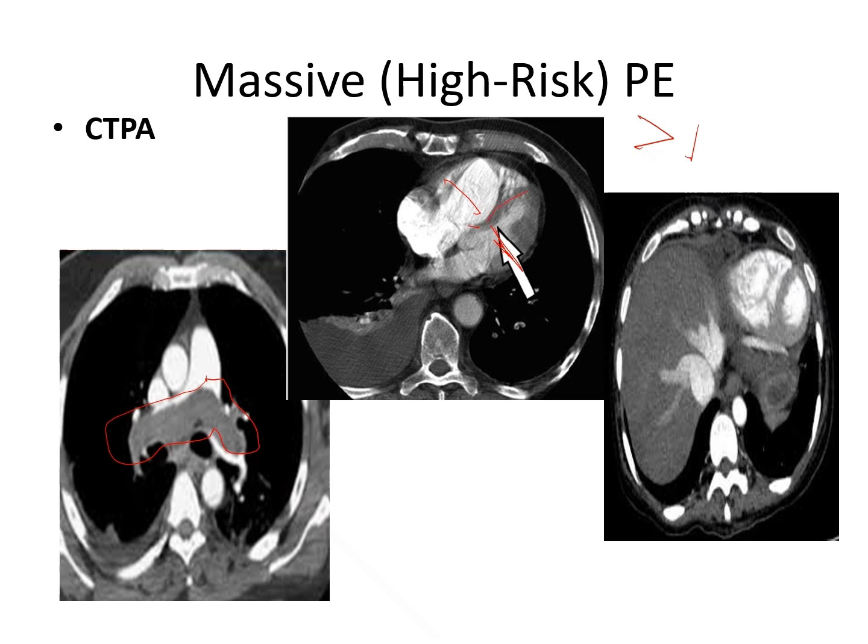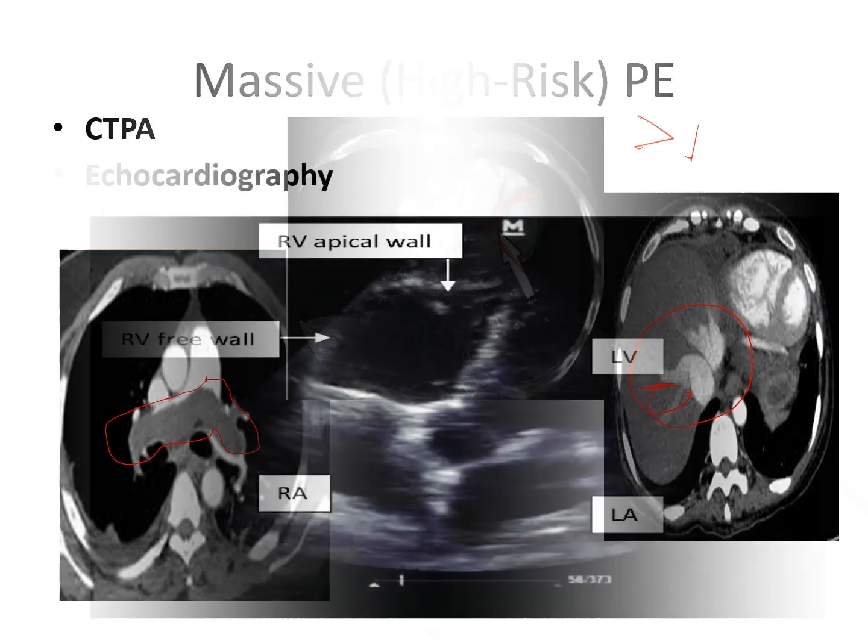We can see here the bowing of the intraventricular septum. This is also an indicator of massive pulmonary embolism, and contrast reflux into the IVC and hepatic veins. These are the indicators of massive pulmonary embolism.